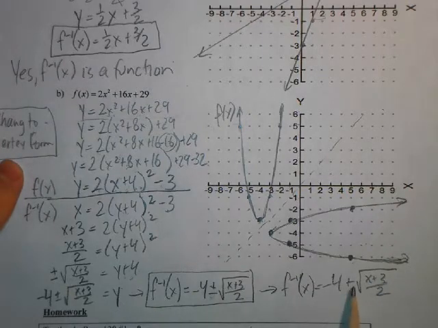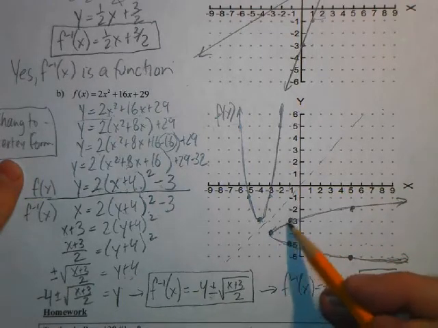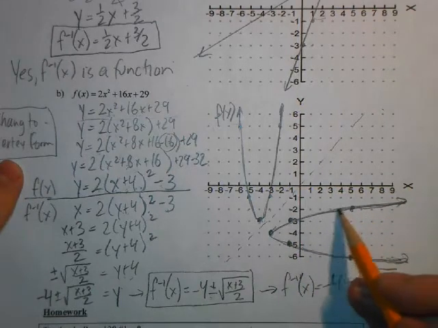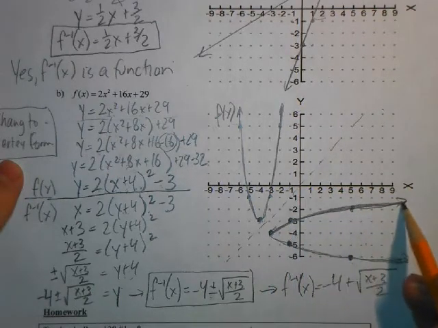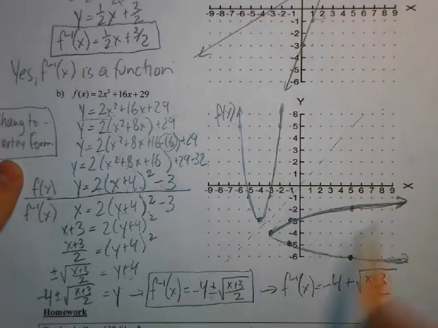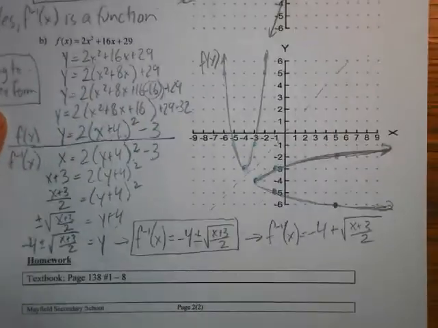If I just use that branch, it would only be these points here. So the upper branch of this parabola on the side. If I just chose that one branch, it would be a function.